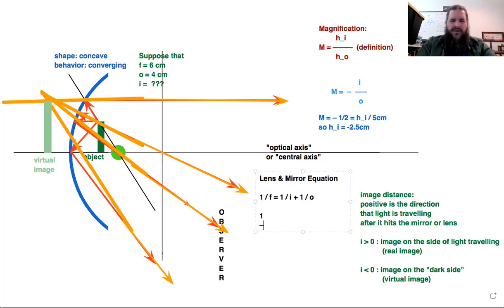We've got 1/f equals 1/I plus 1/O. If we wanted to just solve this for I, what would we have to do? How would you isolate I here?